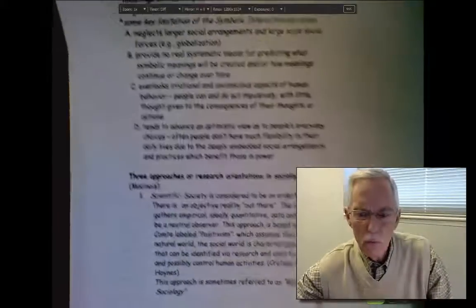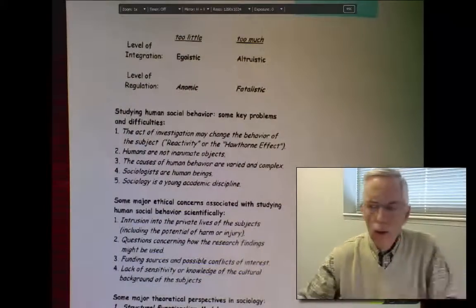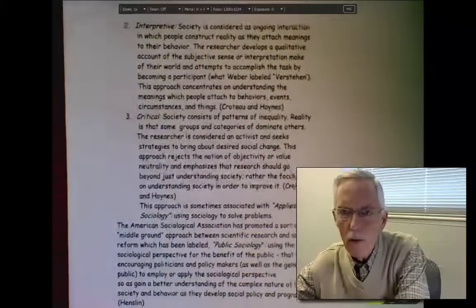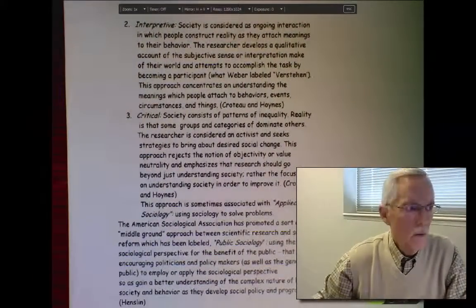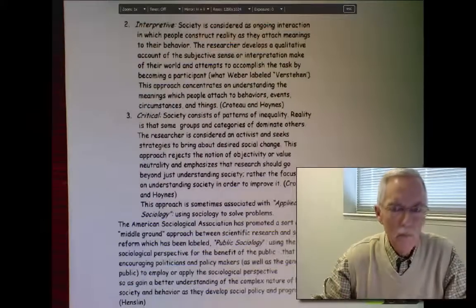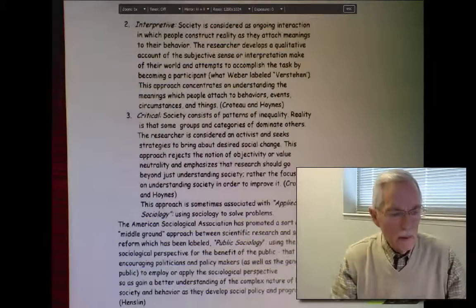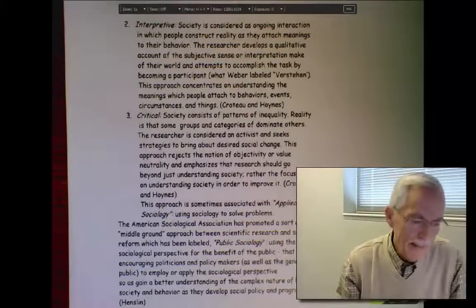But if you go over to the 11th page of your study guide, I want you to become aware of the fact that there are 2 other approaches noted by some sociologists: interpretive and critical. Now, although these are different, at the same time, I want you to bear in mind that none of them are exclusive.